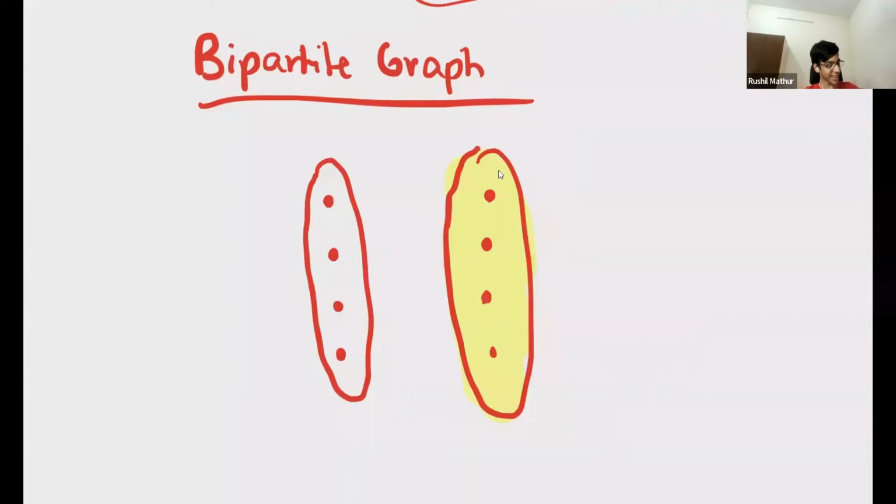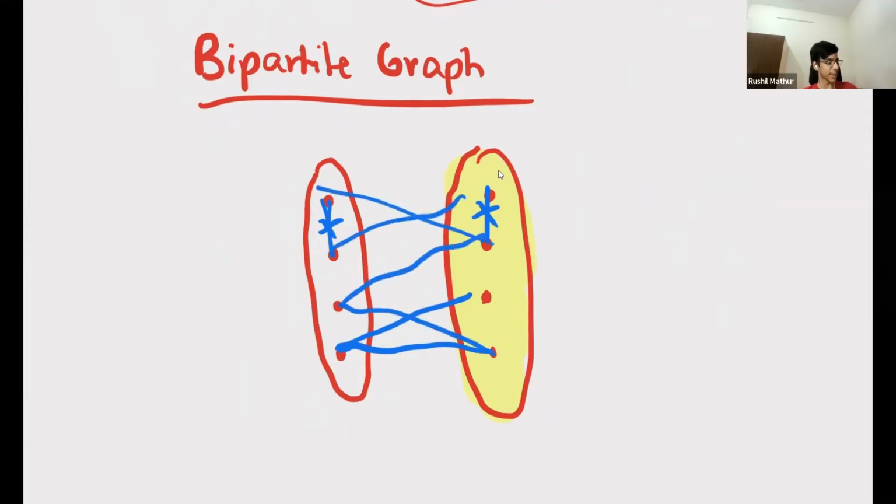Same way, I cannot have an edge like this, but I can have edges like this. And the same way, I can't have an edge like this. So this is not allowed, and this is not allowed. So only edges are allowed from one component to the other component. So you can go like this, but these edges inside are not allowed.